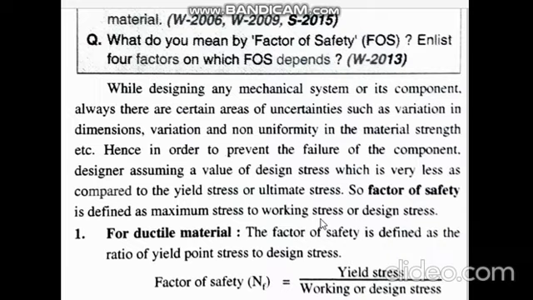For example, when you come to ductile material, when does a ductile material fail? I told you before, an example of ductile material is mild steel. If you are using it for a machine component, what should not happen? It should not yield.